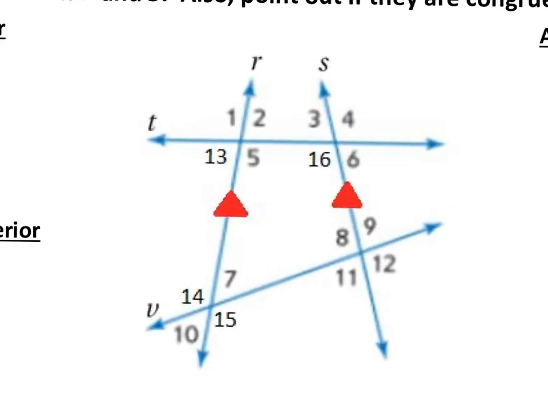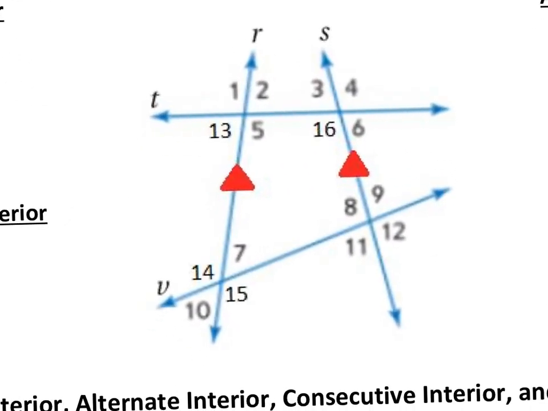So I took this screenshot from our textbook and I added some more labels for the angles. And then these lines clearly do not look parallel, but I labeled them as such. You remember parallel lines can be labeled with the little red arrows, or in this case, red triangles.